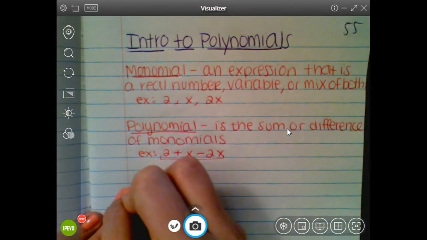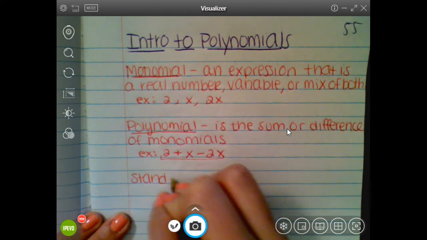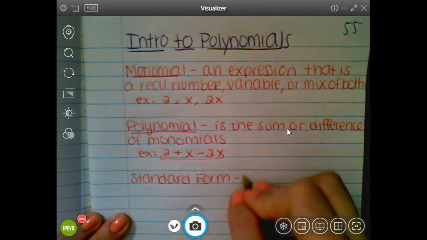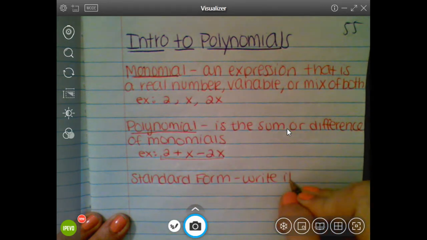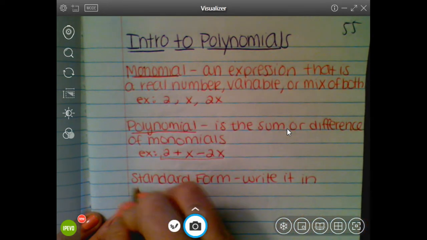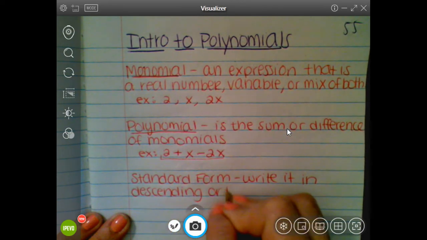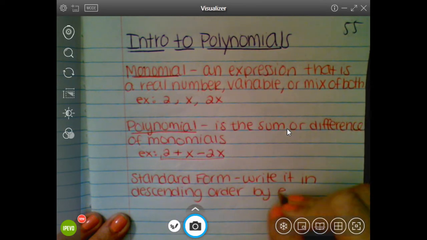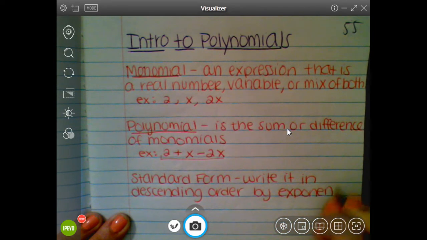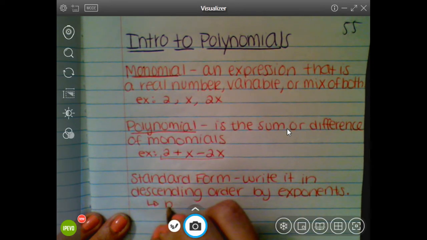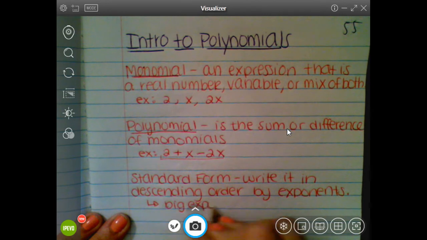So standard form of a polynomial means that you write it in descending order by exponents. Descending means that you start with the biggest exponent and you go down to the smallest.